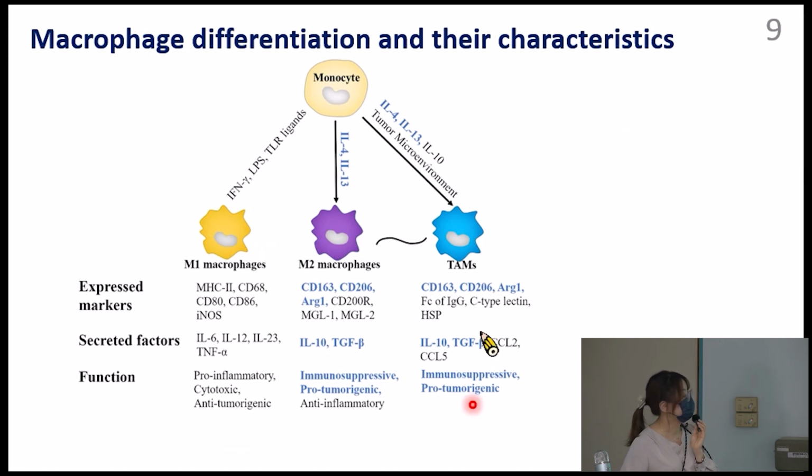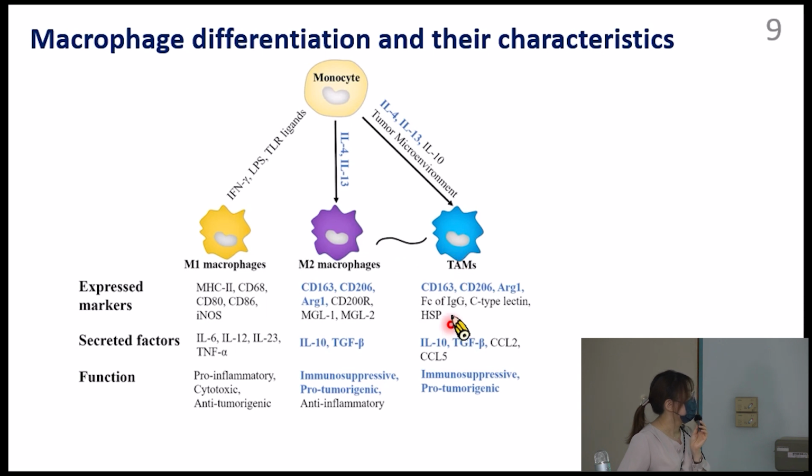Many studies found that in the tumor microenvironment, based on the cytokines or some cell types, it will stimulate the monocyte to become the M2 type macrophage. In the tumor microenvironment, we call this macrophage tumor-associated macrophage, and their features are very similar to M2.